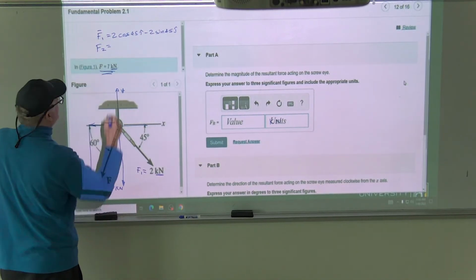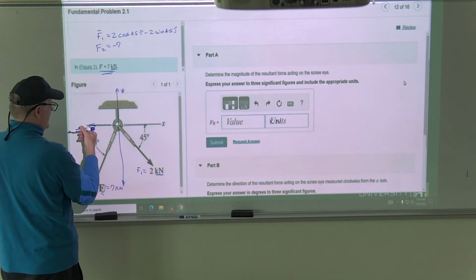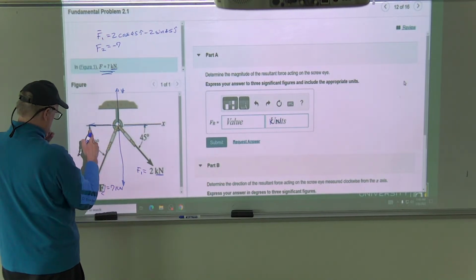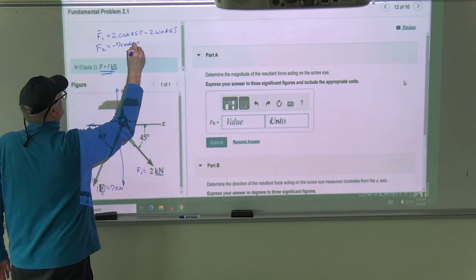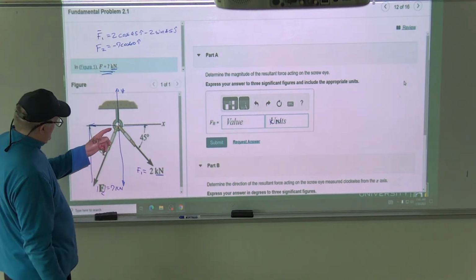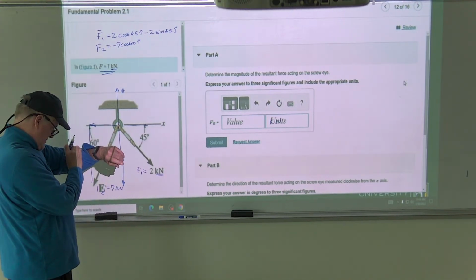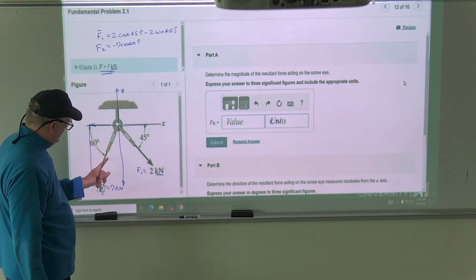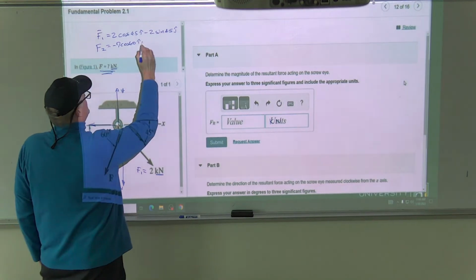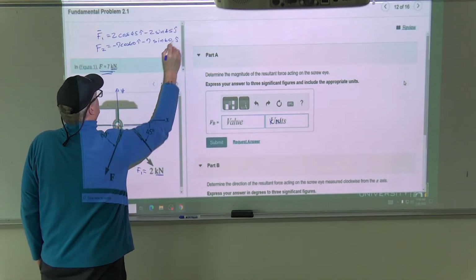F2 is 7. It's going backwards this way. It's going 7, and this is the 60 degrees. So cosine of 60 degrees i. In addition to it going down, this one's going down. Well, so is this one. And so it's 7 sine of 60 j.